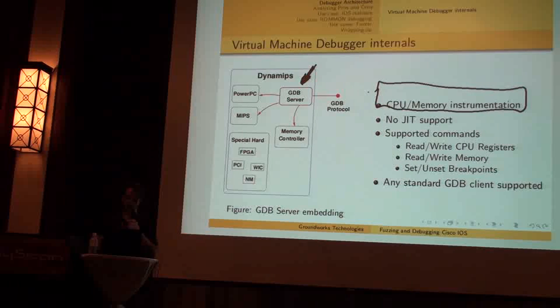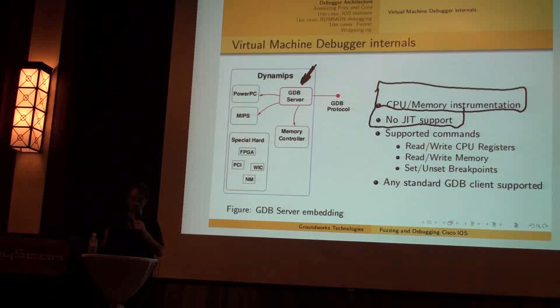And when you run this debugger, you can't use the JIT, the just-in-time compiler, because you actually have to execute instruction by instruction, and that is not really compatible with the just-in-time compiler that takes a bunch of instructions together, compiles them into native code, and runs it. So if you run this GDB server, you have to deactivate the just-in-time compiler. But if you have a fast computer, that's no issue at all.